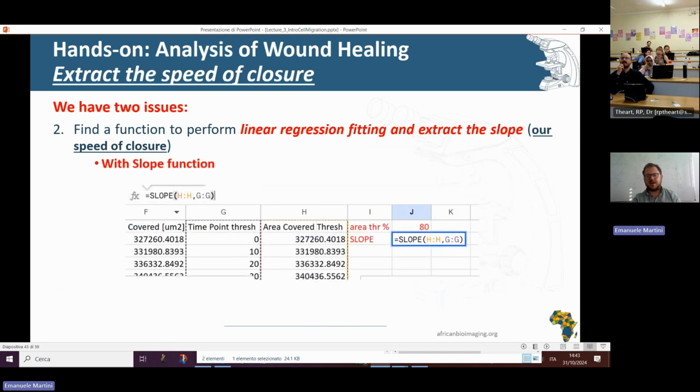Of course, in Google Sheet you can also have the formula to calculate it. In this case, instead of putting the line, if you want to obtain only the number, you can use slope, and you have to be sure to get the area covered as the first argument, and as the second argument it wants the time point.